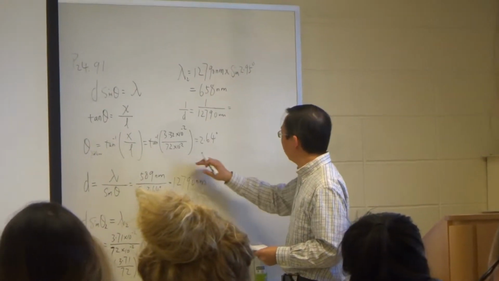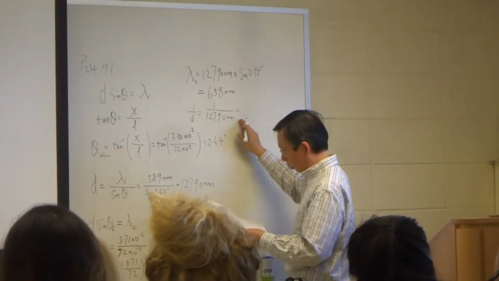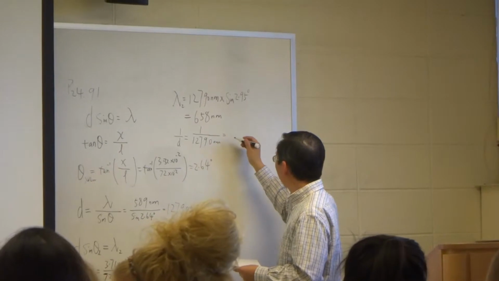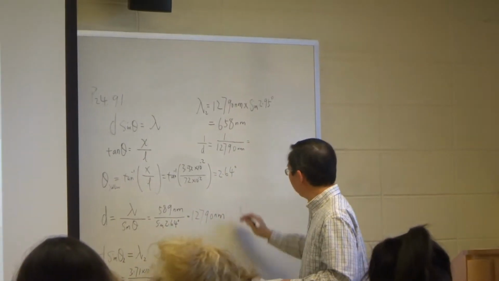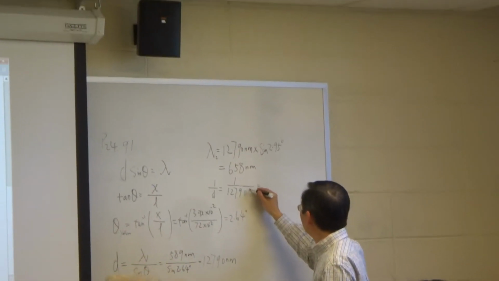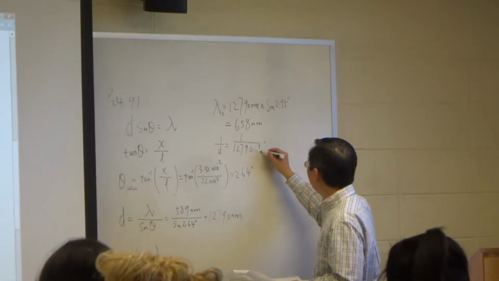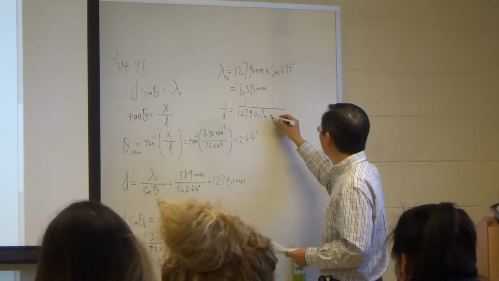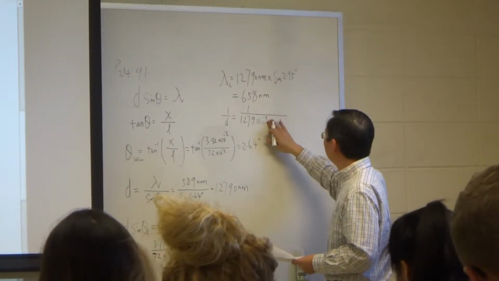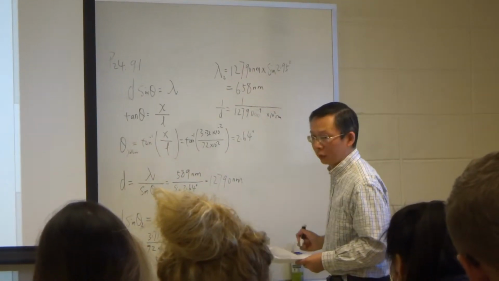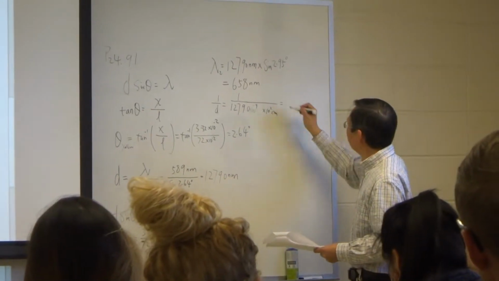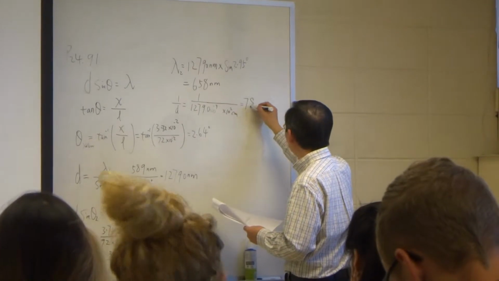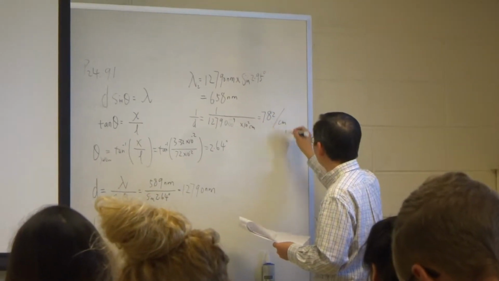This is just times 10 to the minus 9 meters per nanometer. Meters convert to centimeters, you times 100, so we get centimeters, times 10 to the minus 7, okay? So you get 782 per centimeter.